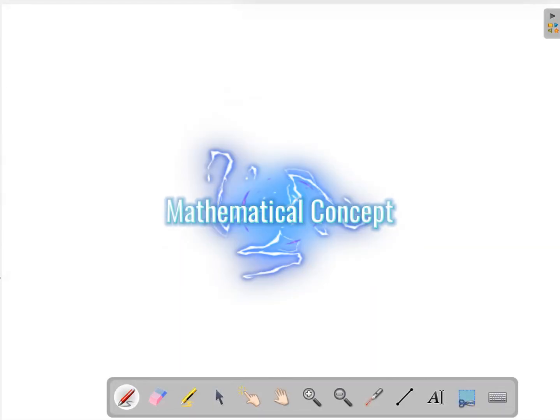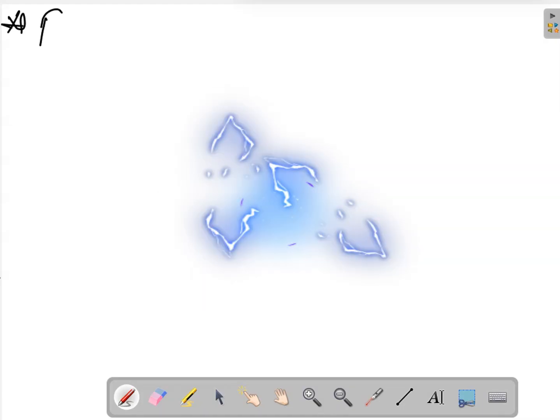So viewers, let's simplify key mathematical concepts, starting with powers. Powers allow us to express repeated multiplication efficiently. Let's say, for example, 3 raised to the power of 2 is equal to 3 times 3.